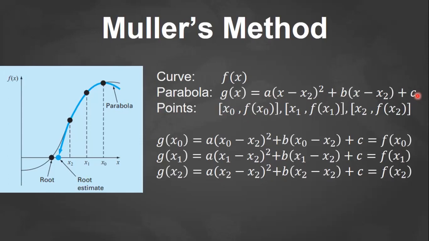Let's substitute x sub 0 here, x sub 1 here, then x sub 2 here. So, as you can see, we now have 3 equations and we also have 3 unknowns, A, B, C. So it means that it can now be solved.